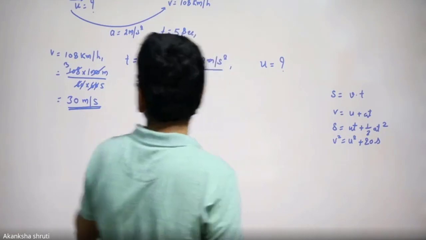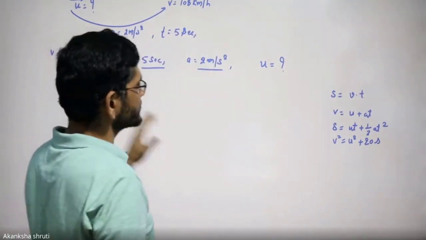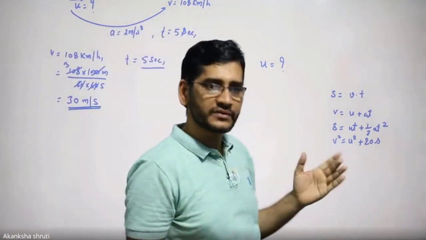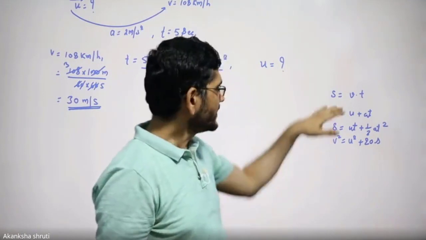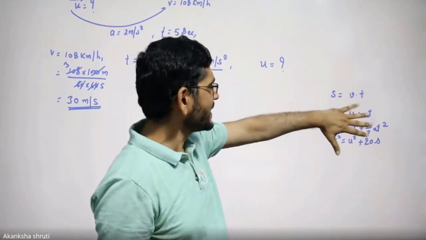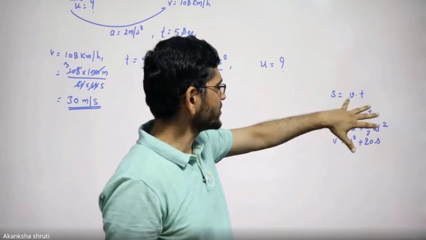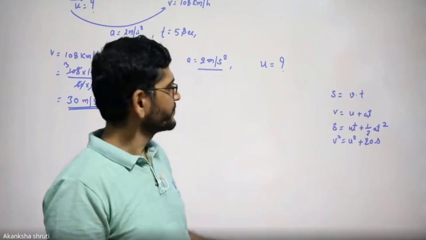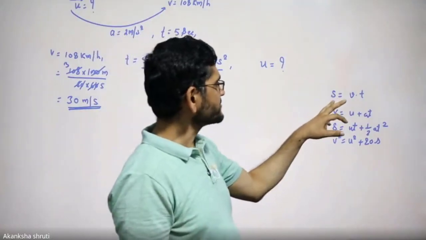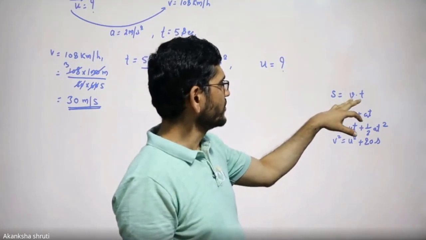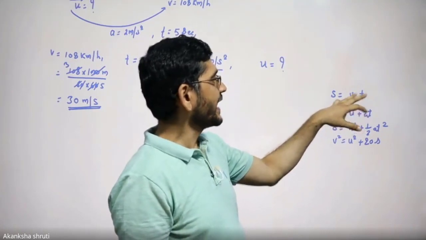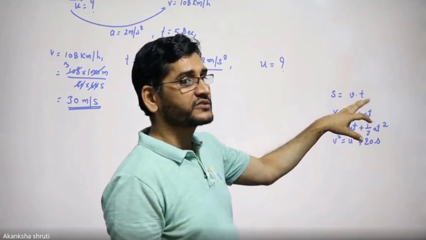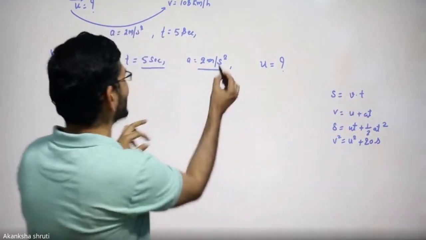Now see what the given quantities are. Which one is suitable for us? You have to think. Let us think about the first one. Can I apply displacement s is equal to v into t? Keep in mind, the first formula s is equal to v into t cannot be applied because the body is under uniform acceleration.